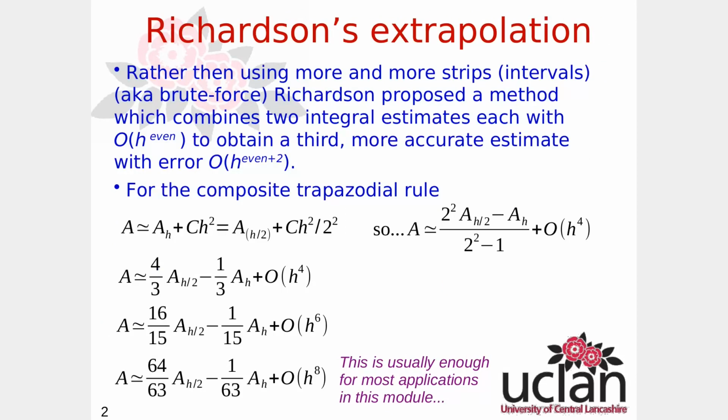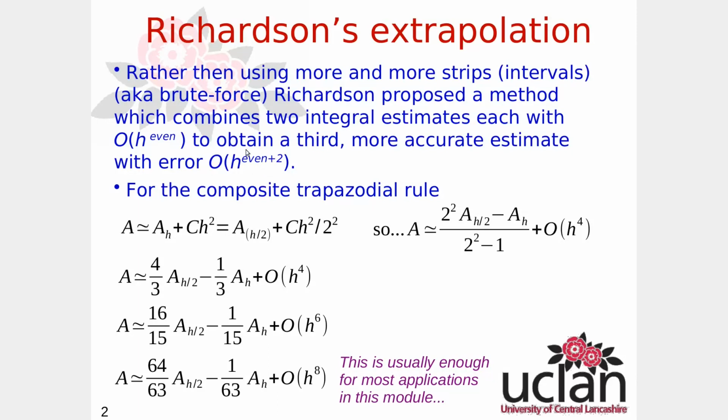Okay. Just a note on Richardson's extrapolation. As I said, you could just increase the number of intervals, and we'll see this. We call this brute force affectionately. Richardson proposed a method which combines two integral estimates, each with error O(h^n) for even n, to obtain a third. So this could be an order of h squared, then an order of h to the 4, and 6, to obtain a third more accurate estimate of order h^(n+2).